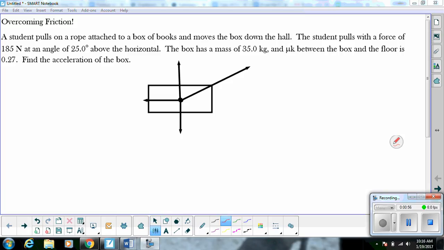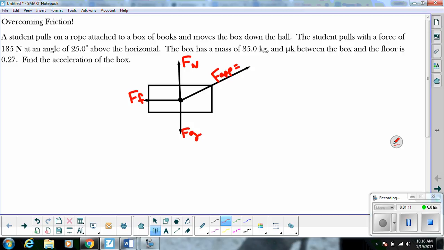So I've drawn for you a free body diagram. I've got my normal force, my gravitational force, my frictional force, and also a force applied. And I know that force applied, according to the problem, is going to be 185 newtons.